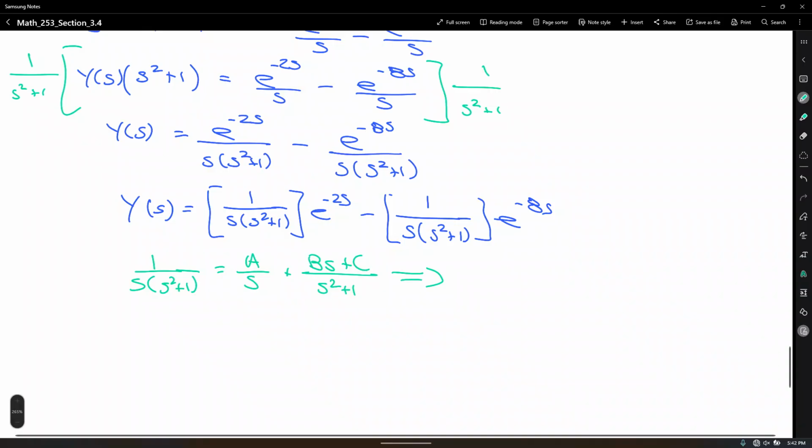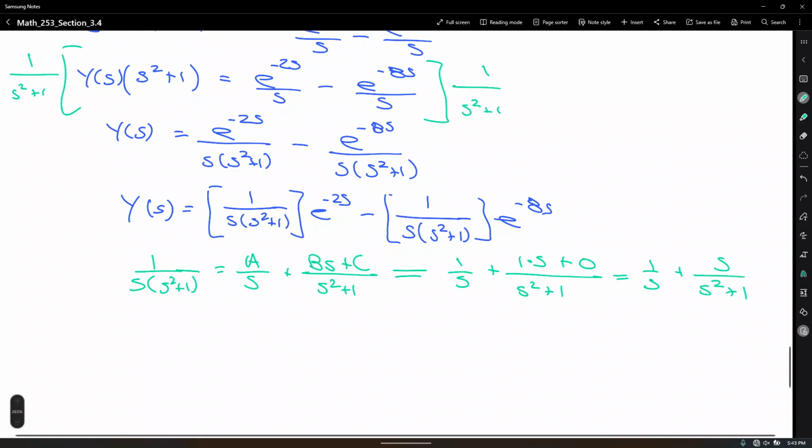So you know what we're talking about over here. So this is equal, A equals 1, B equals negative 1, and C is 0. So we get 1 over s minus s over s squared plus 1.